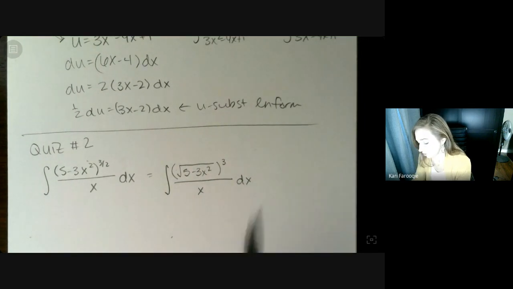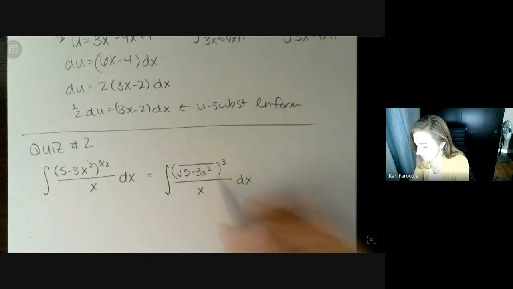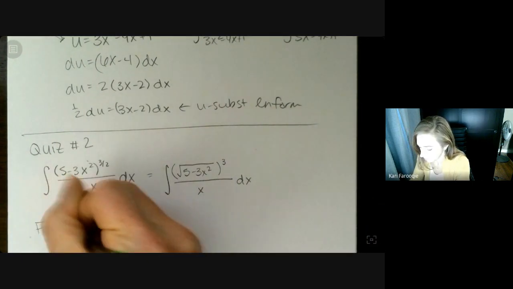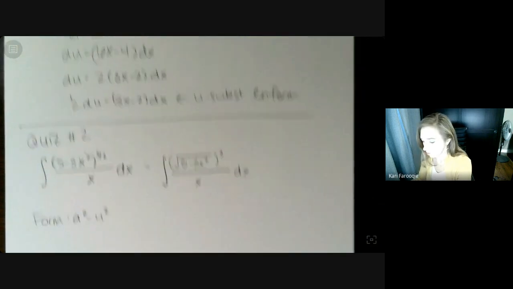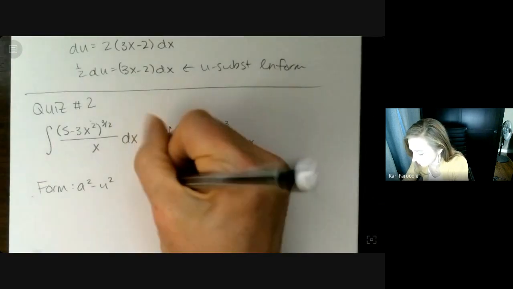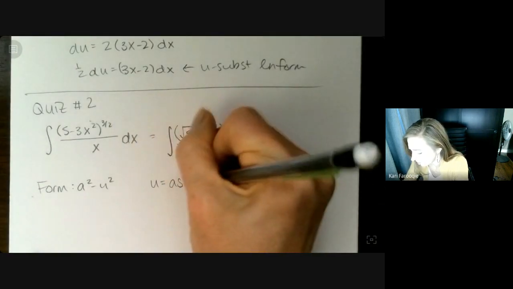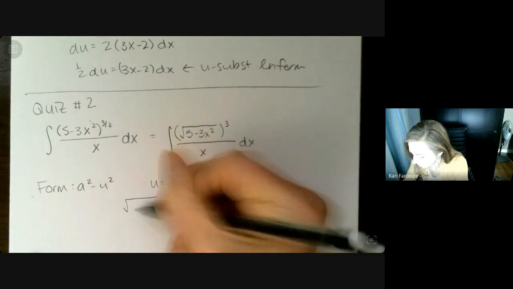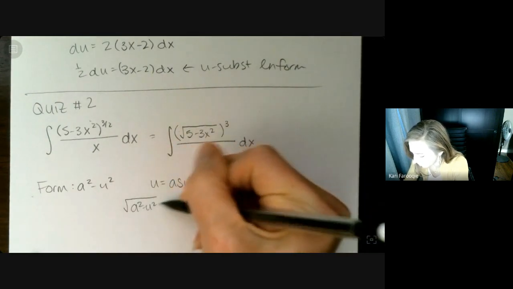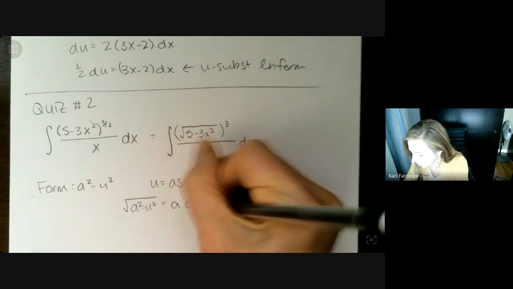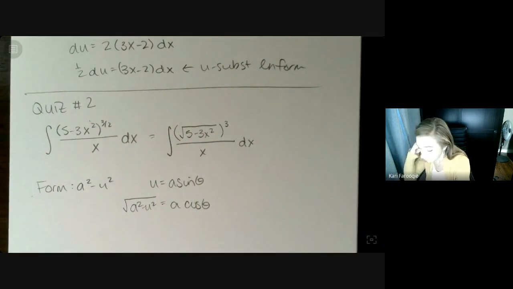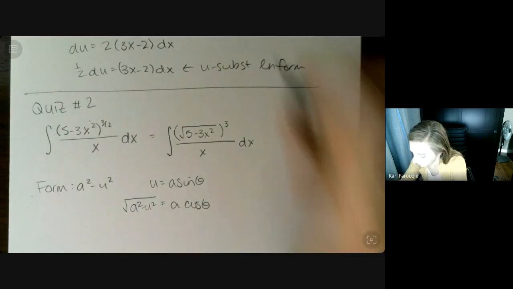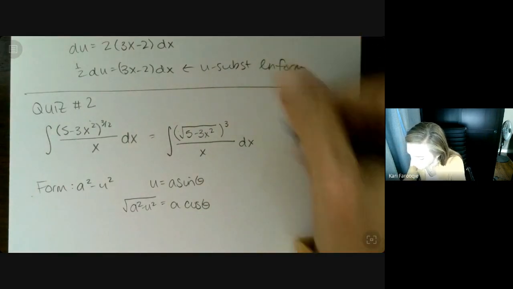So that's my suggestion for your rewrite. And then because you're in the form a squared minus u squared, you know that you are going to be looking at u equals a sine theta, and the square root of a squared minus u squared is going to be a cosine theta. So you just need to figure out then what is your value for u and what is your value for a.